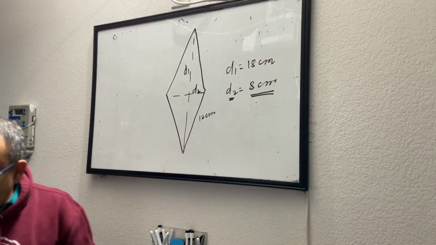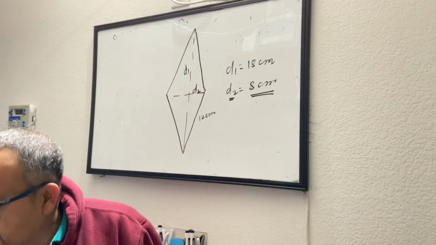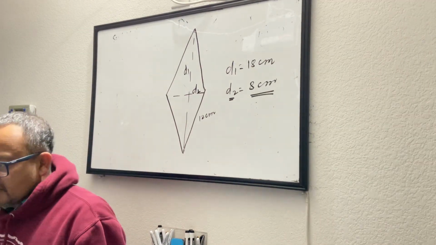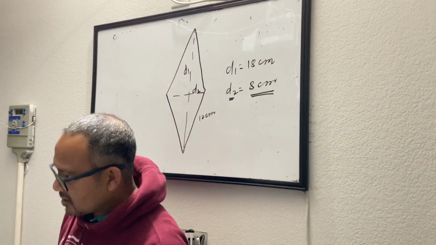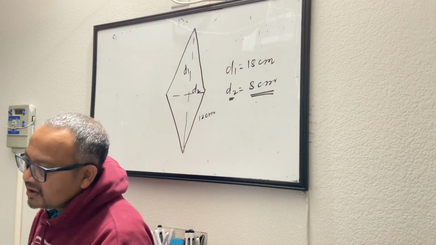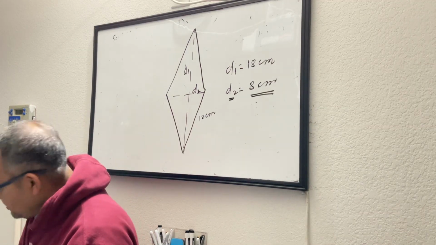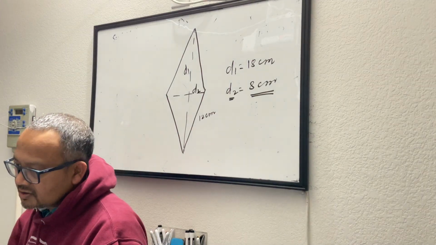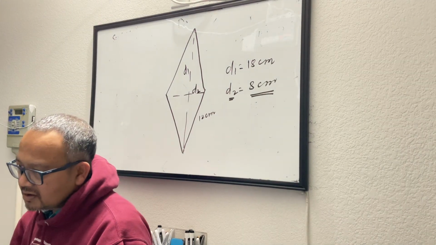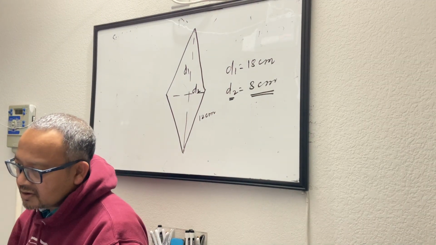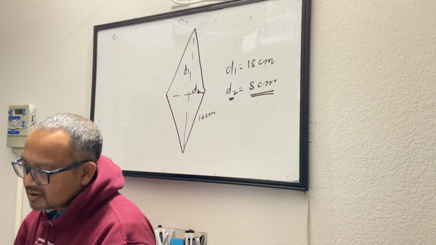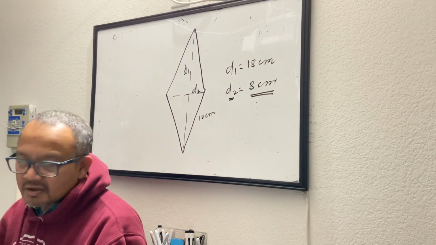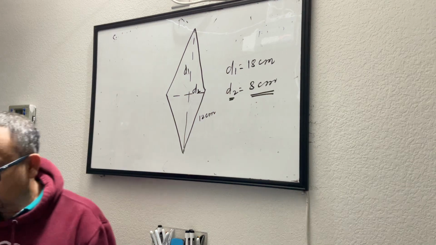Yes, Samanvita, go ahead. I got 72 centimeters square. Okay, that is the area. How about perimeter? I still need to check. Okay, Noah. I'm not sure if this is right, but for perimeter, I got 48. 48 what?